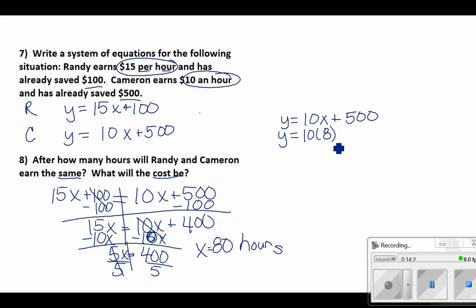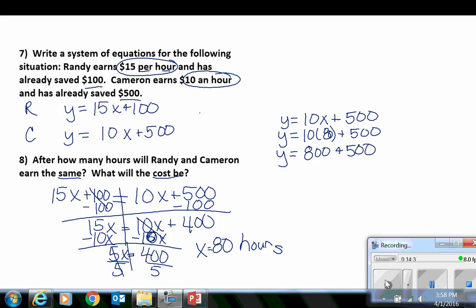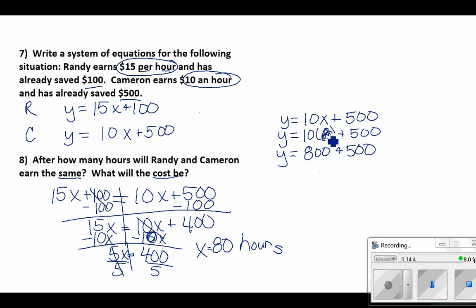So we can substitute in and solve for the total cost. 10 times 80 is 800 plus 500. I'm sorry, it is 80. Okay, I thought I messed up. But this is 80. And we want to make sure that we have 80 because that's our x value. So we have y equals 800 plus 500. When you add those together, you get 1,300.